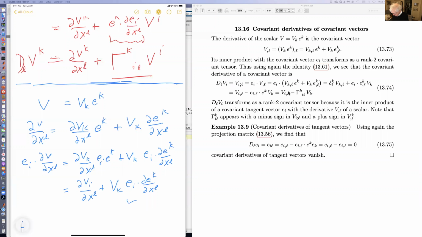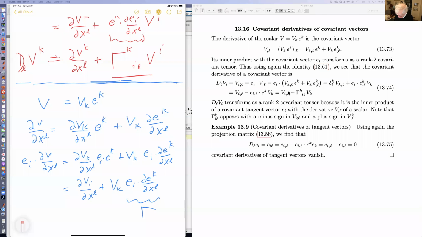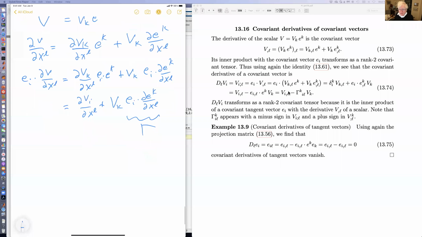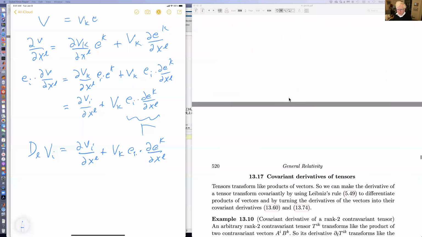Well, you can relate this to gamma, and what we've got so far then is a formula for the covariant derivative of V sub I, and it's partial VI, partial XL plus VK EI dot partial EK, partial XL.